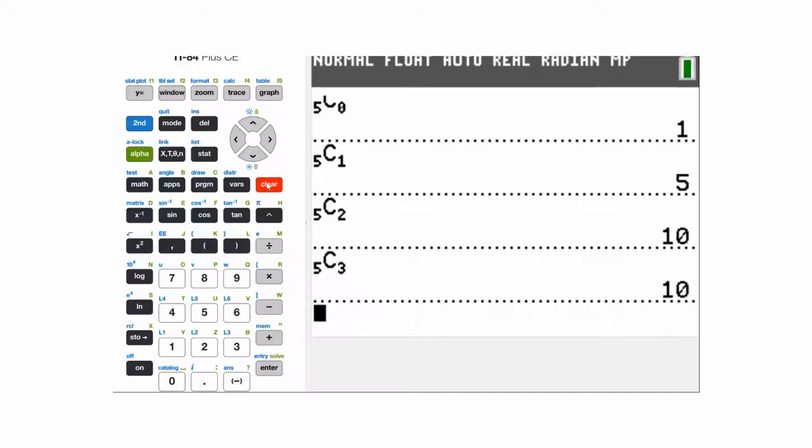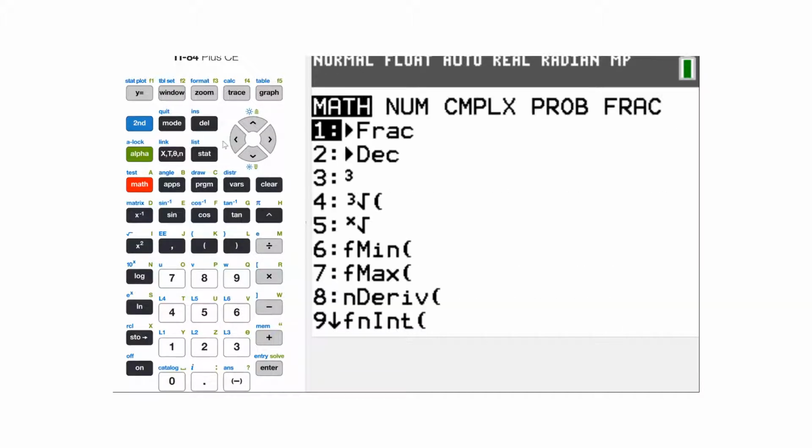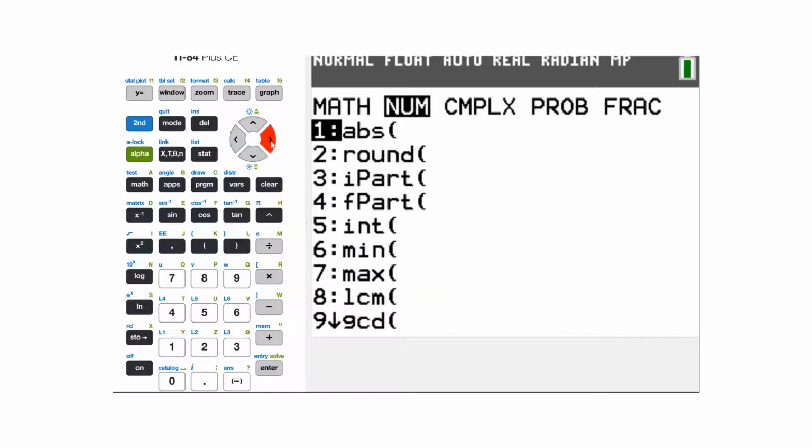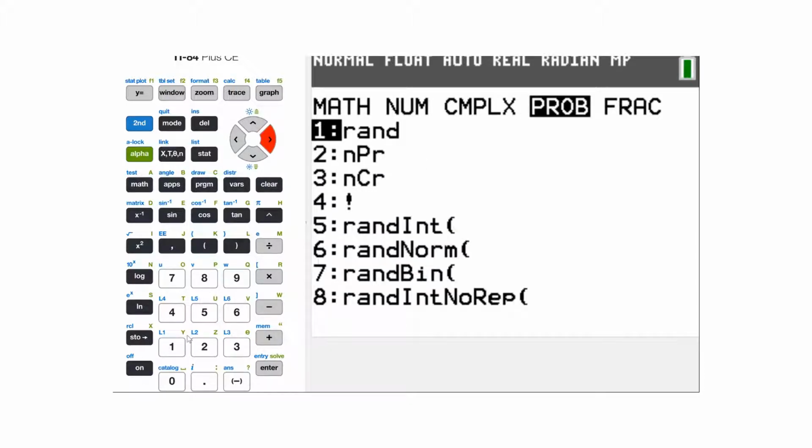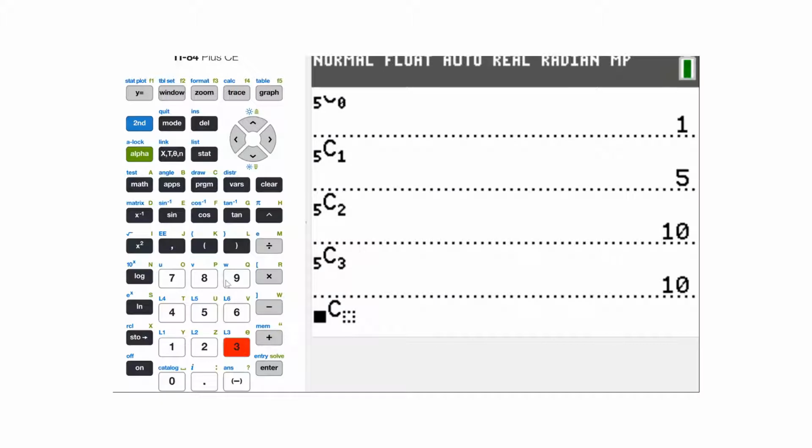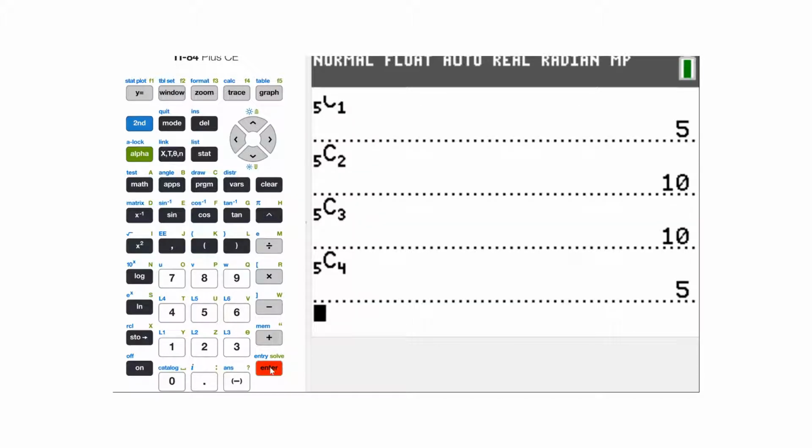Let's clear that. Math, probability, option 3. So we got 5C4. Now, because I know that there's a pattern in this, and I've got 1, 5, 10, 10, I bet this is going to equal 5. And it does. I can see that pattern exist.